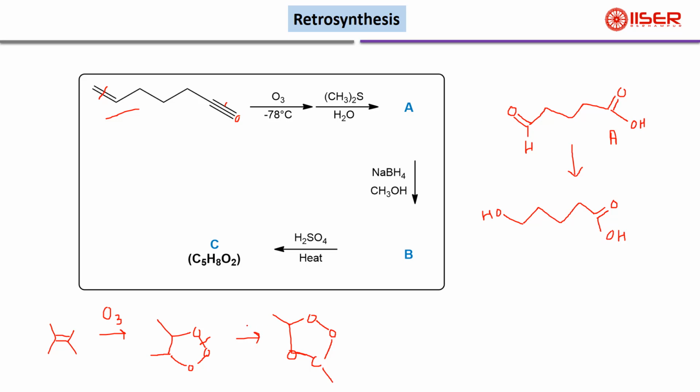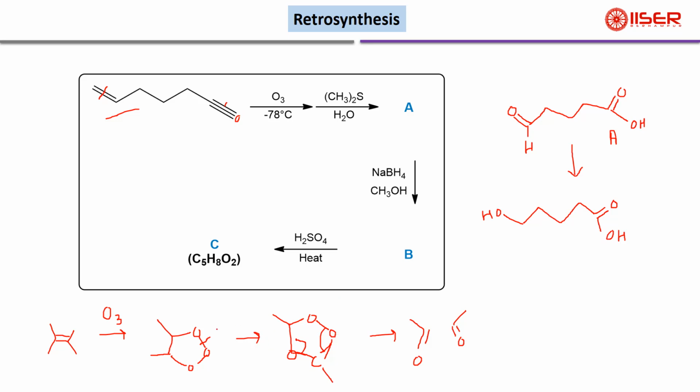There will be a cleavage of this bond. Again recombination will give this type of species. In the next step it will again undergo a cleavage, by which we will get two molecules of aldehyde. For simplicity, we don't go into the mechanism. We will just break this double bond and add two oxygens. The mechanism is a bit difficult, so I am not going into details.